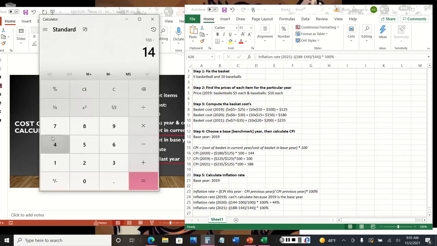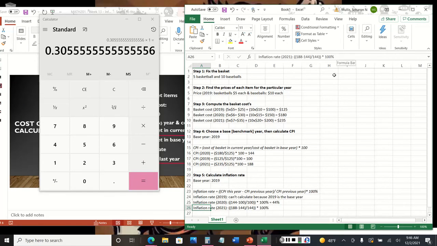I'm just doing the calculation all over again. 188 minus 144, divided by 144. So that gives us 0.3055, times 100%. So it would be 30.5%. That would be the inflation rate for 2021.